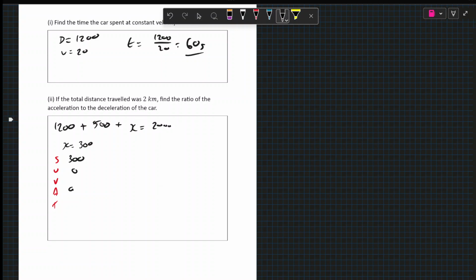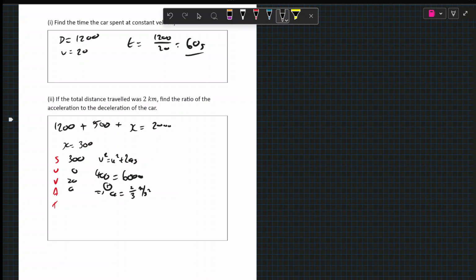The acceleration we don't know. And we have the speed is 20. So we get that v squared is u squared plus 2as. So that's going to be 400 is 0 plus 2a times 300, so 600a. So a is 400 over 600, 2/3.